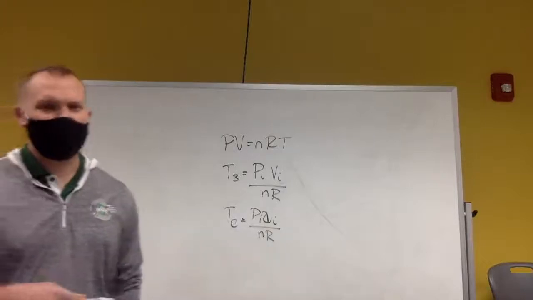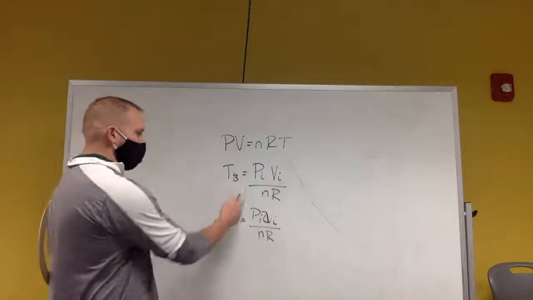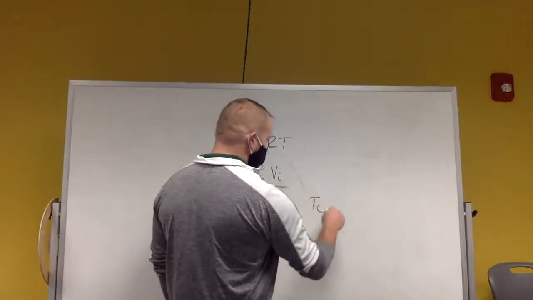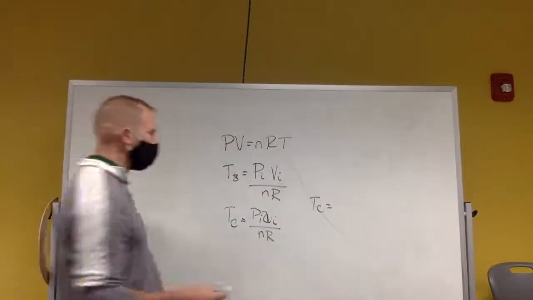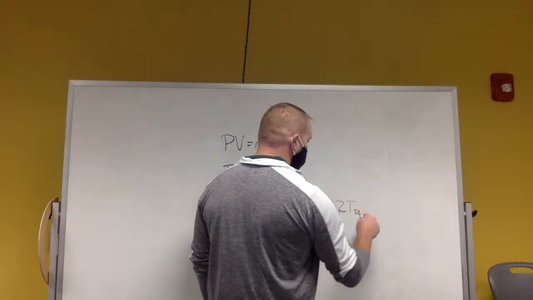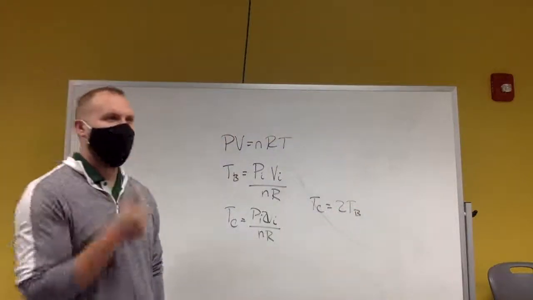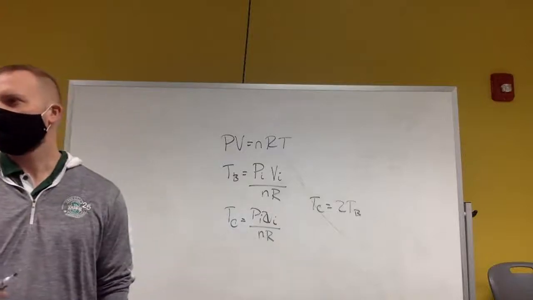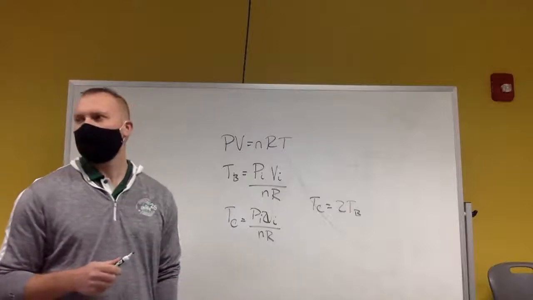So what the question asks is, what is the temperature at C in terms of the temperature at B? So I could say TC equals what? 2TB, absolutely. It's twice the temperature. Cool with that?